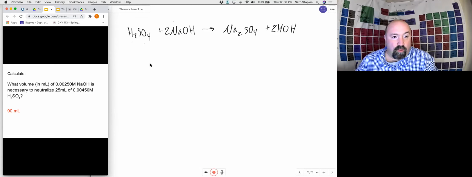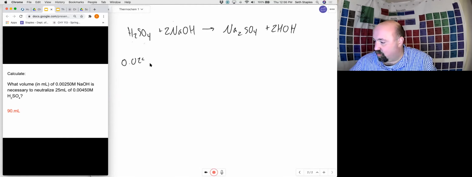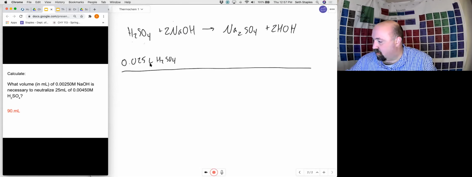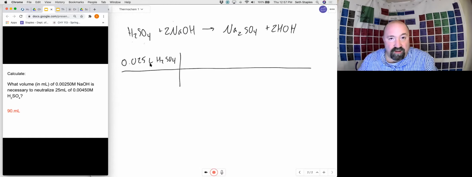And so we're starting with 25 milliliters of 0.0045 molar H2SO4. I'm just going to convert that to liters just to start off. And so we have 0.025 liters of our H2SO4. We're then going to use the molarity of H2SO4 to convert that over to moles.